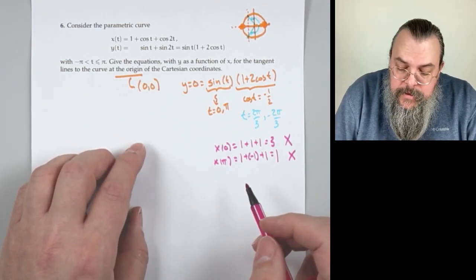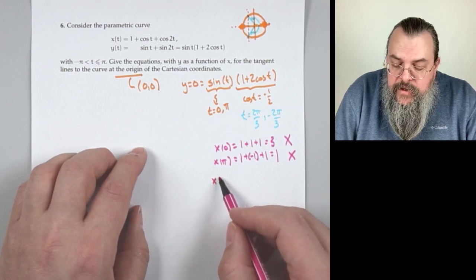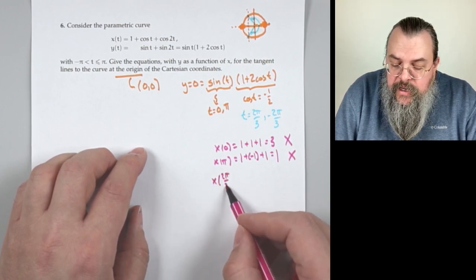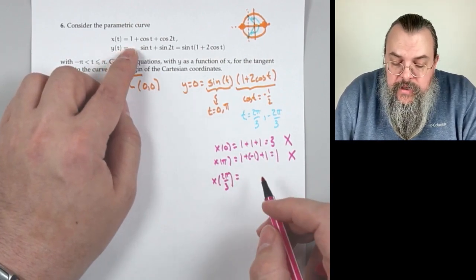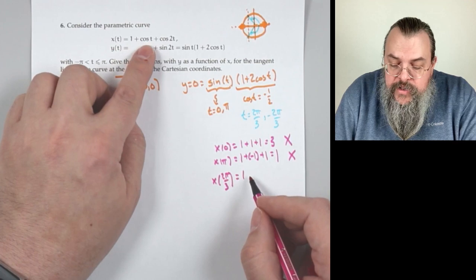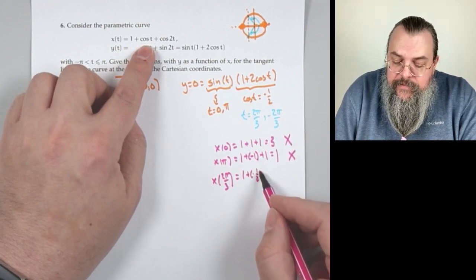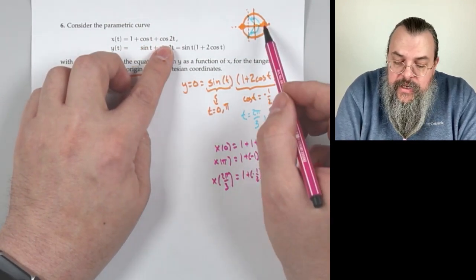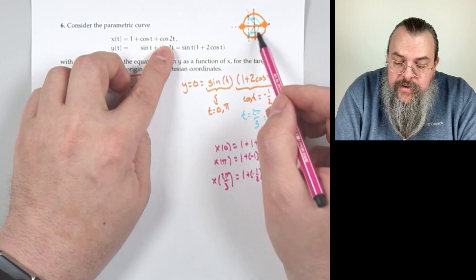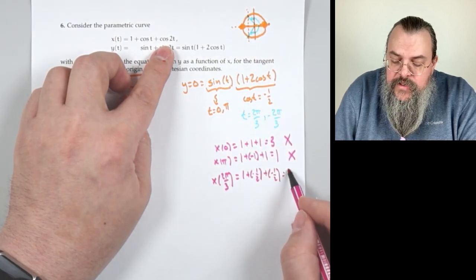Okay, well, how about x of 2 pi over 3? So we're going to get 1. Now, cosine of 2 pi over 3, we actually know that. That's negative a half. Cosine of 4 pi over 3 would be where? Well, it's the same as cosine negative 2 pi over 3, so it's also negative a half, which is 0.